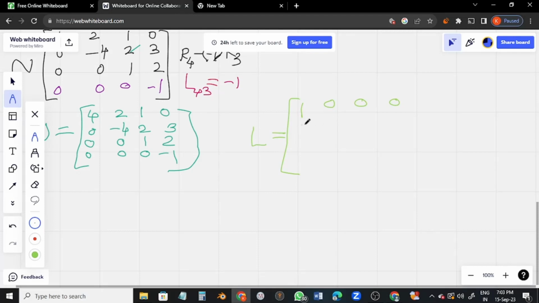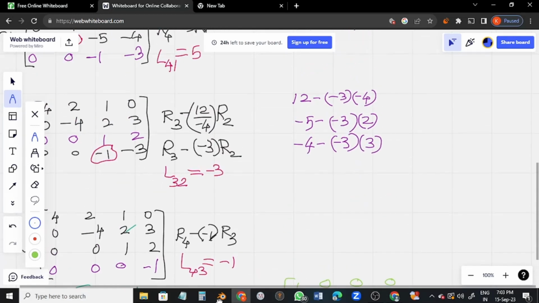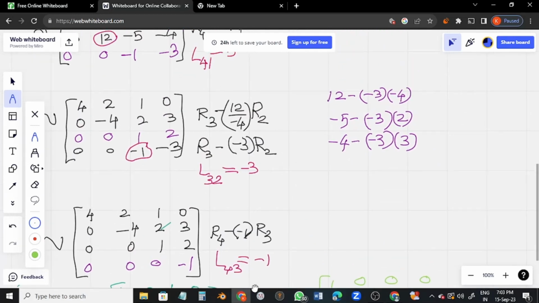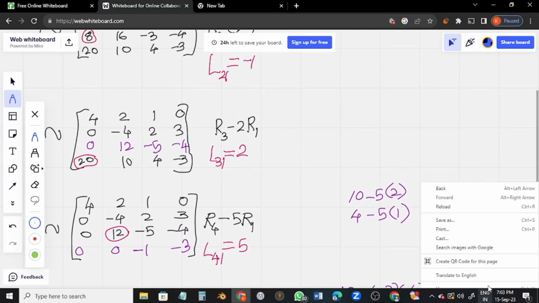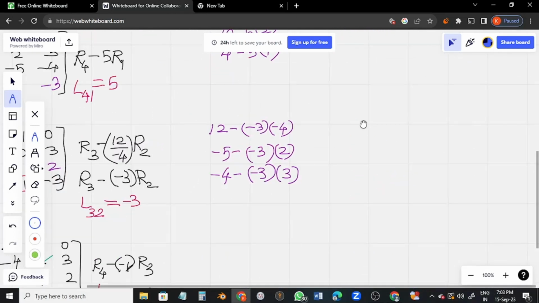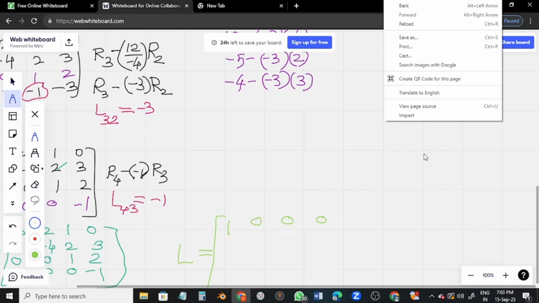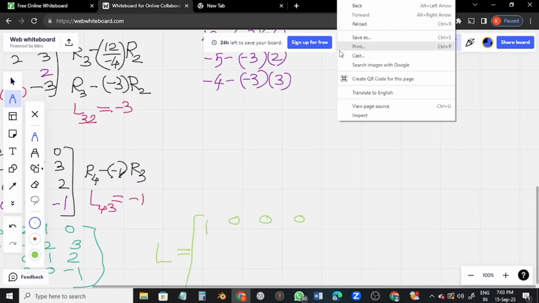Then L21 we have already noted here. L21 is minus 1, as you are watching.